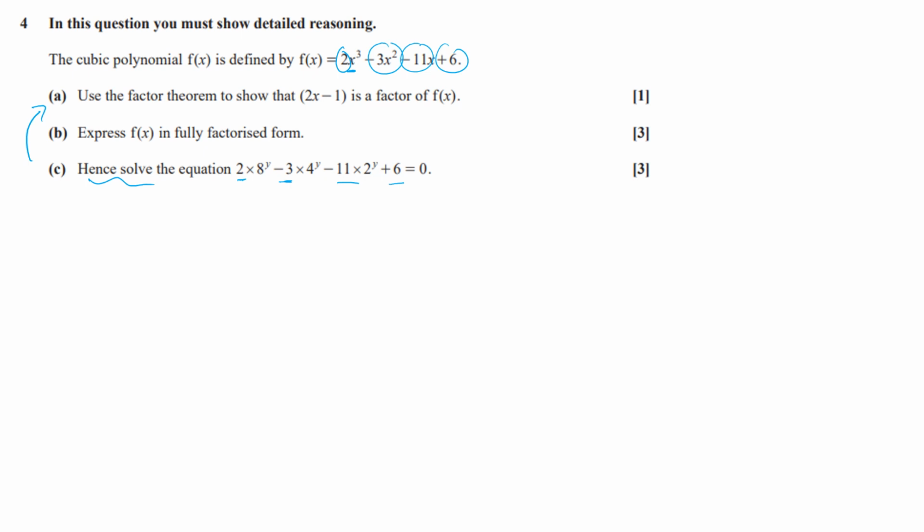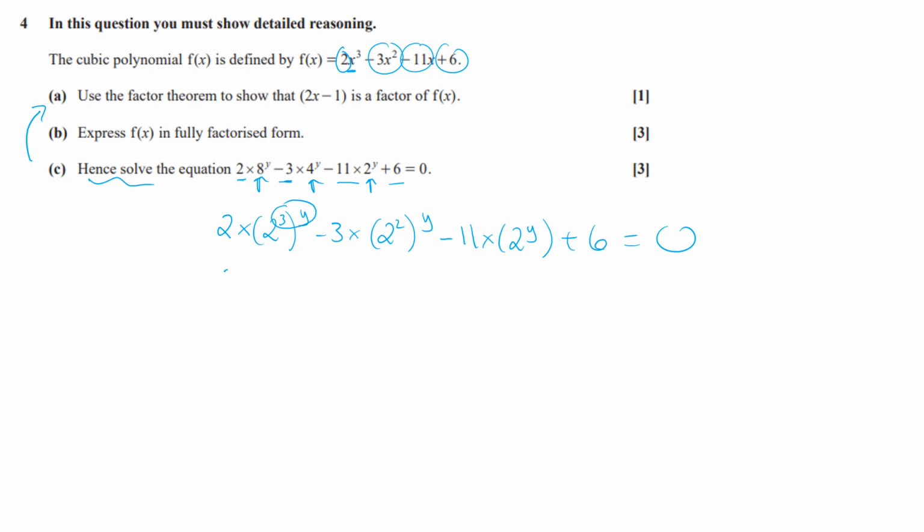What you've got to spot is the 8 and the 4 and the 2. 8 and 4 are both powers of 2, so we can write this as 2 times 2 cubed to the y minus 3 times 2 squared to the y minus 11 times 2 to the y plus 6 is equal to 0.